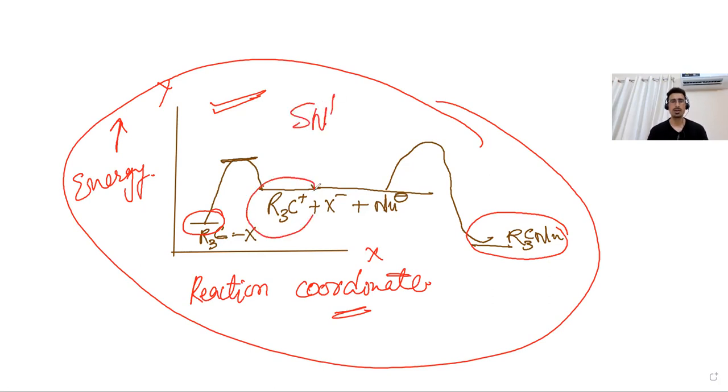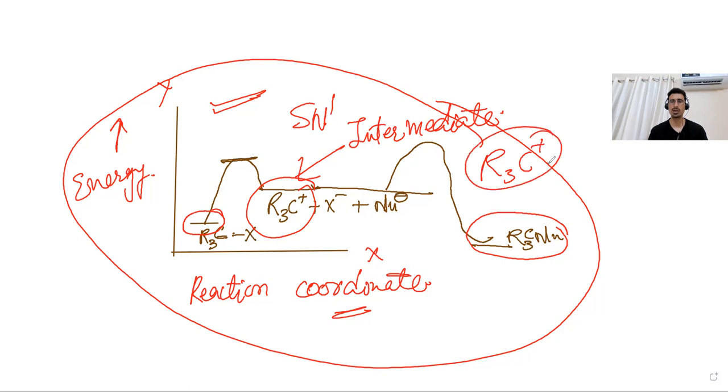Here we get an intermediate, R3C positive. This carbocation is an intermediate. We can easily separate this intermediate from the reaction medium by using special methods. Okay, let's clear this.